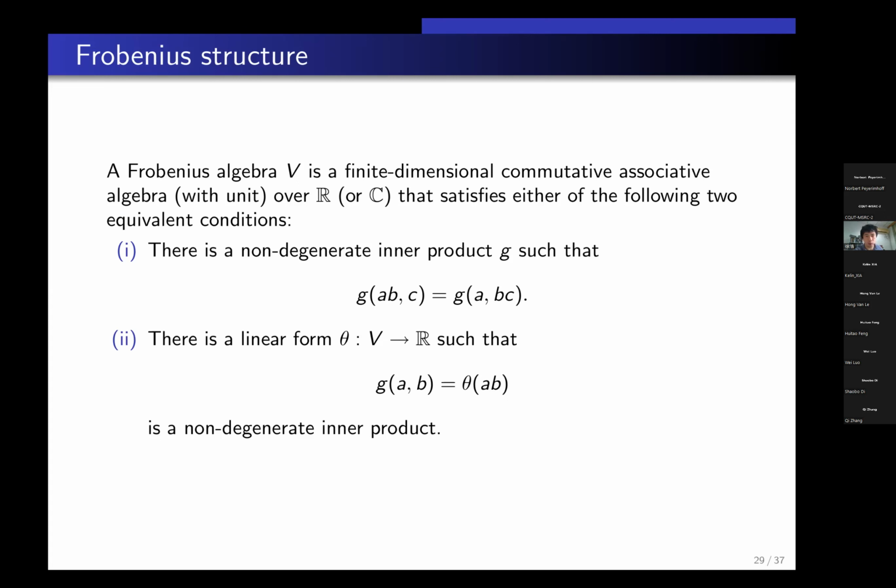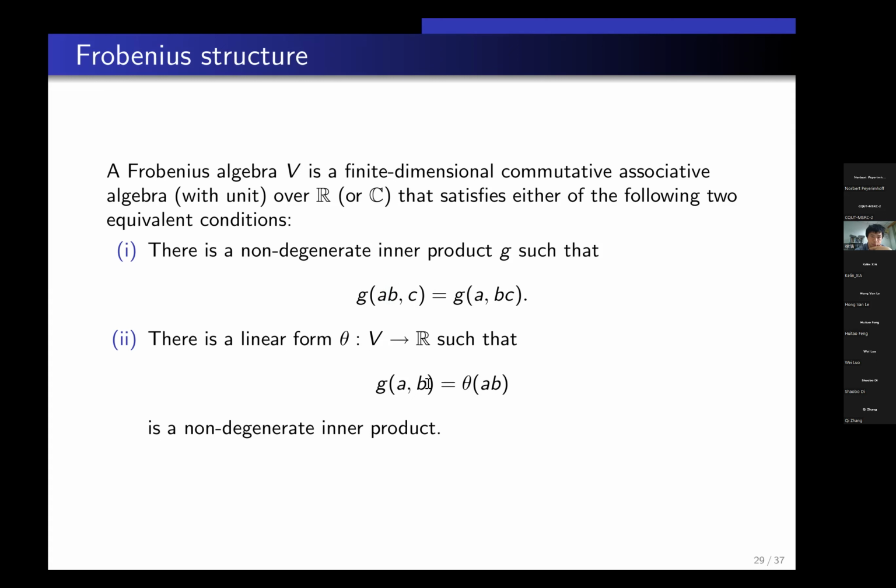We need to find a criterion to guarantee this Frobenius algebra is associative. The following two definitions are equivalent, so we can use either one or two to define this Frobenius algebra. The first one is a non-degenerate inner product such that G(a·b, c) equals G(a, b·c). So this is a product in the Frobenius algebra.